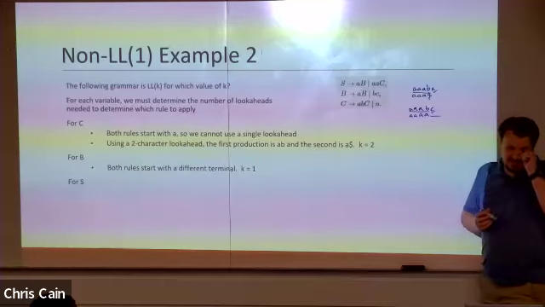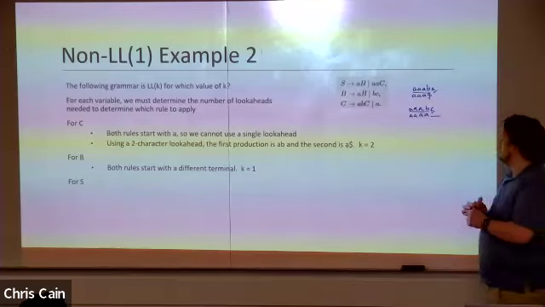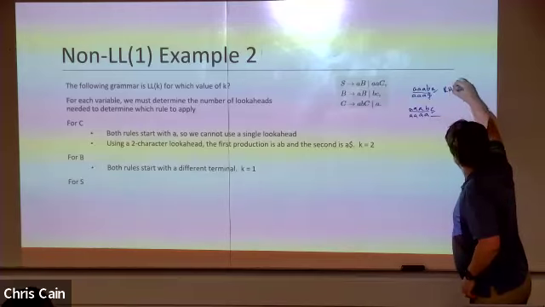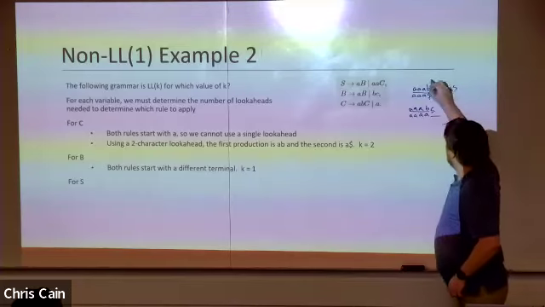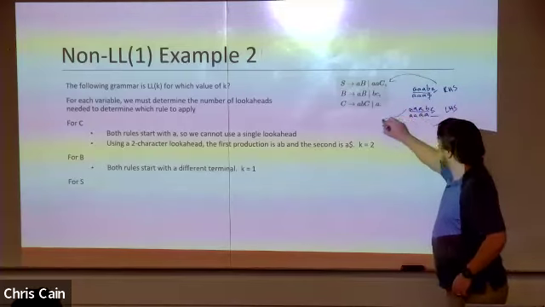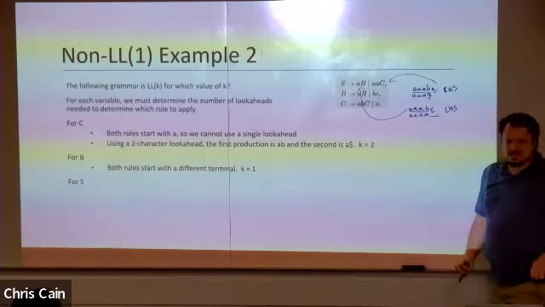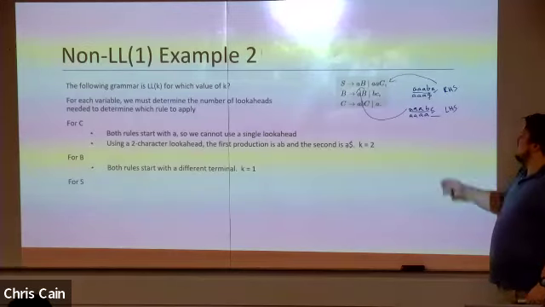Does that make sense? This was the right-hand side, this was the left-hand side. So this mapped to that side, this mapped to that side. To be able to determine the difference, we need a look ahead of 5 characters.